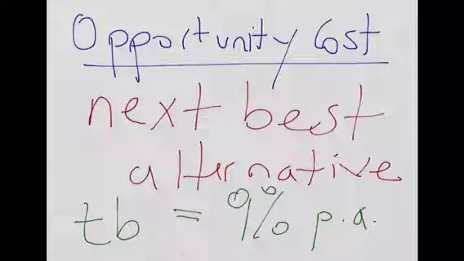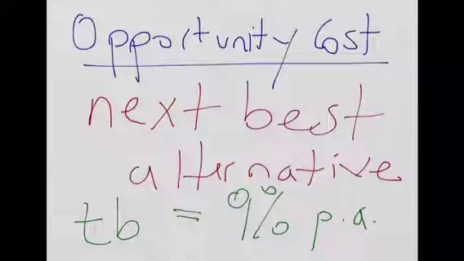Now, if your project is giving you a return of 10%, by committing to your project, you have lost out on the 9% because it's the next best alternative after your project, which gives 10%. So basically, 9% is a cost to you.